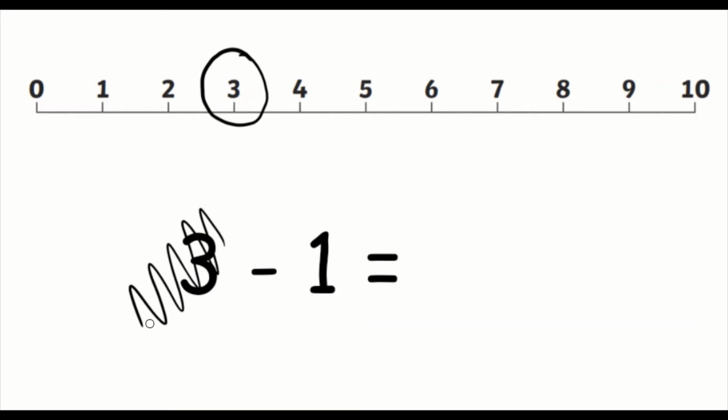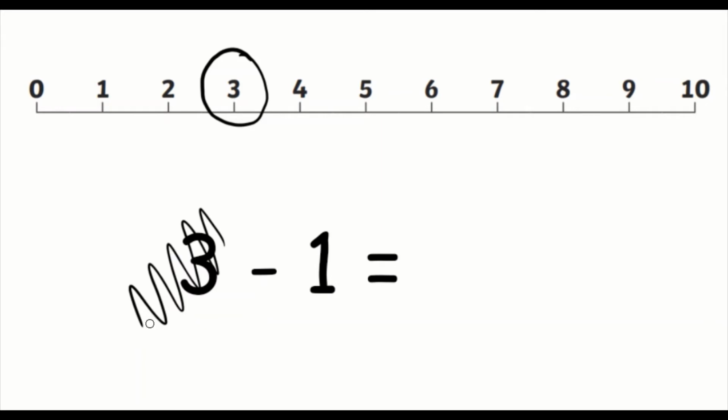But which way are we going to jump? Do you remember when the monkey took the tangerine away? Did the number of tangerines get greater or fewer? It got fewer. So that means we need to jump towards the smaller numbers on the number line.